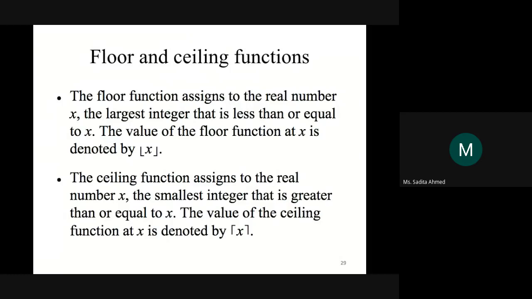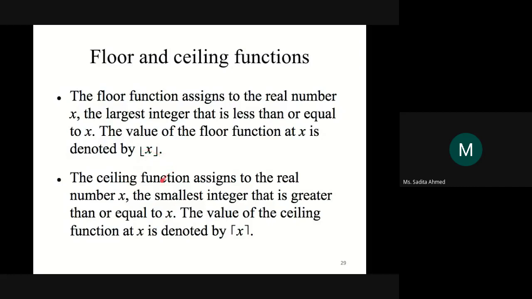So for any given real number, x is a variable that can take the value of any real number. The floor function applied on it gives you the largest integer that is less than or equal to x. Floor, right? So you go down. Largest integer, first of all, that is less than or equal to x. Okay. And we denote it in this format: half of a square bracket, the bottom part of it, basically.